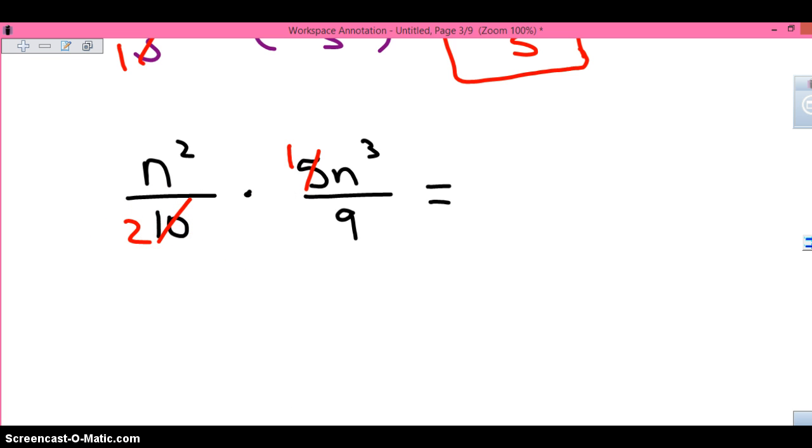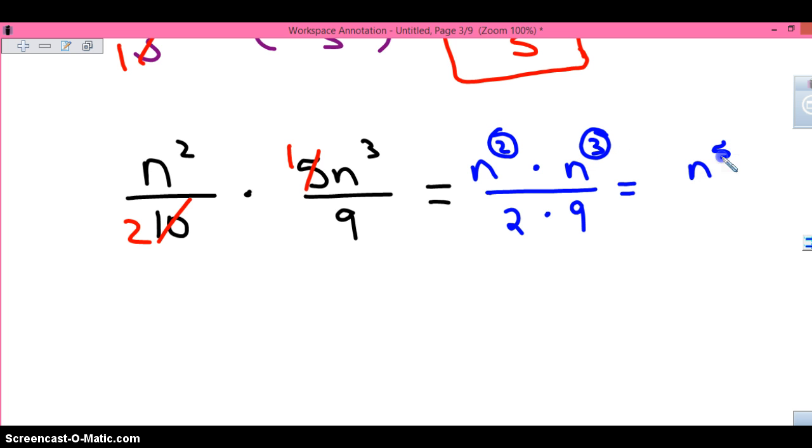Can we cross cancel anything else? No. So we've got n squared times n cubed over 2 times 9. What was the rule when we're multiplying exponents with the same base? We have to add the exponents. That means n to the 5th power over 18.